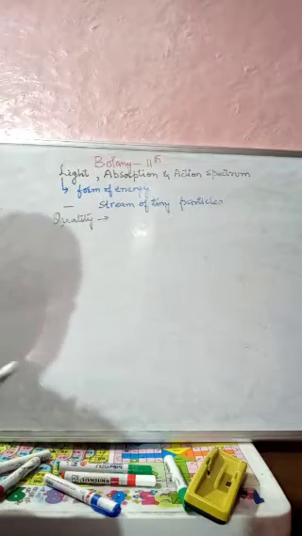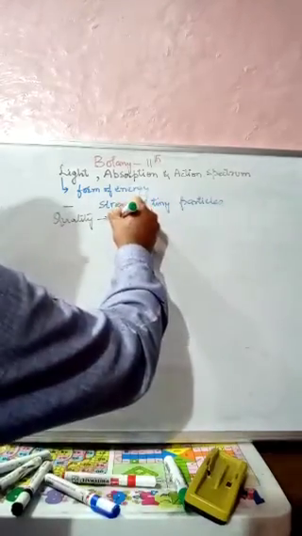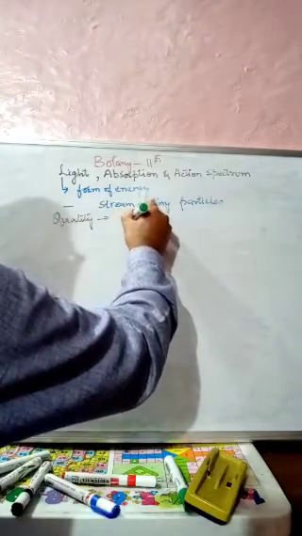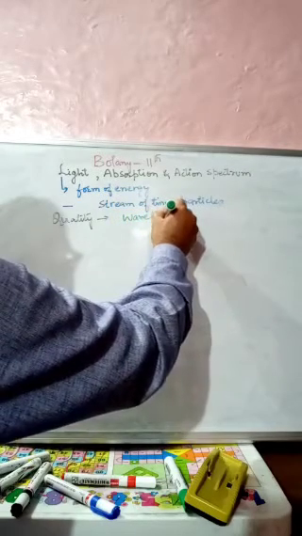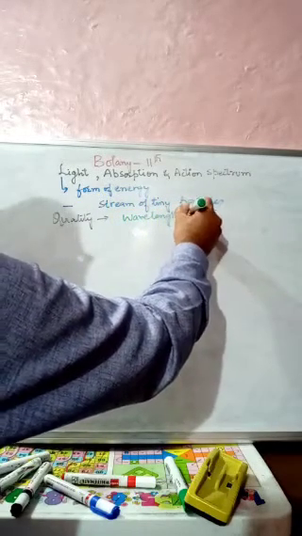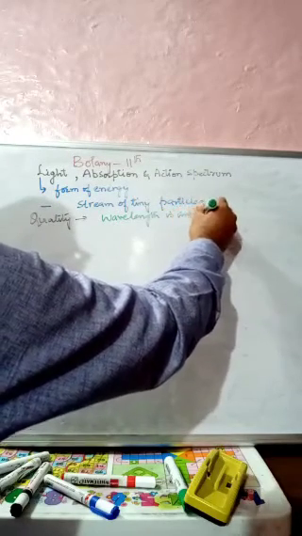Now, how can we define the quality? Here we can say that it is which wavelength is essential. Which wavelength is important? Which wavelength is essential for photosynthesis?